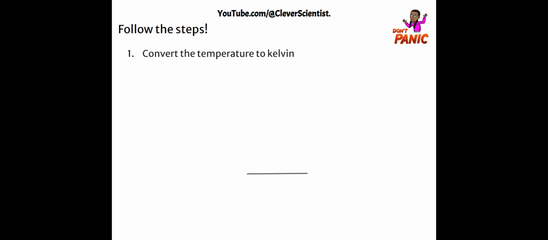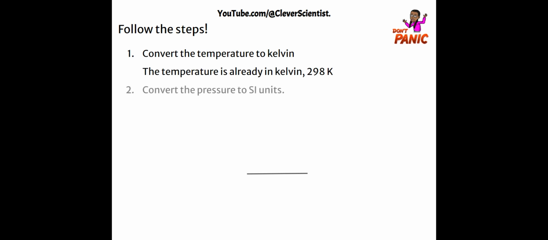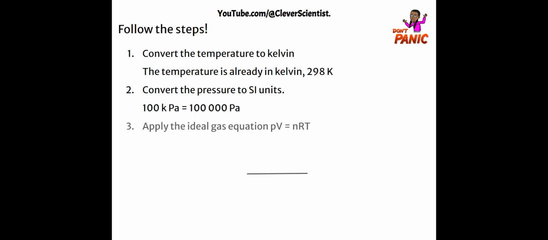So we follow the steps. Firstly, convert the temperature to Kelvin. We don't have to do that because the temperature was already given to us in Kelvin. Convert the pressure to standard units. So you just times the 100 kilopascals by 1,000 to get the value in pascals. And then we apply all our data to the ideal gas equation.